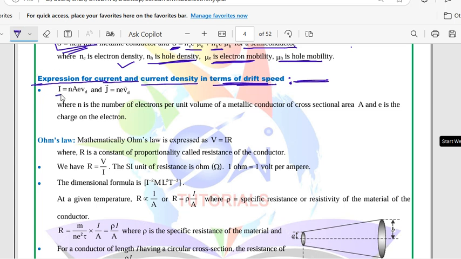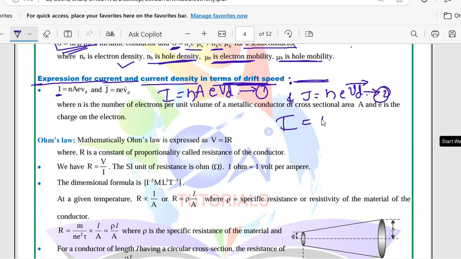Suppose we know that electric current is equal to how much? That is I is equal to N into A into E into Vd. This is equation number 1, and J is equal to Ne into Vd. This is equation number 2. Suppose, can I write that current is equal to A into J bar?